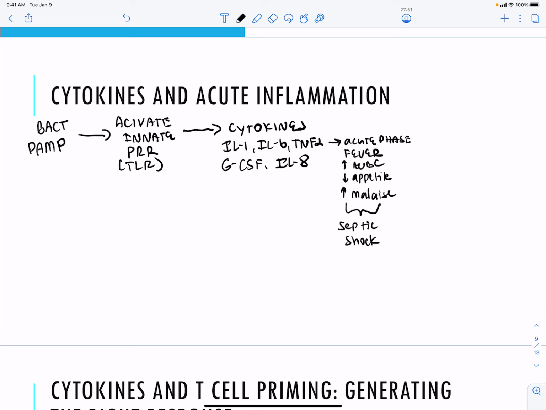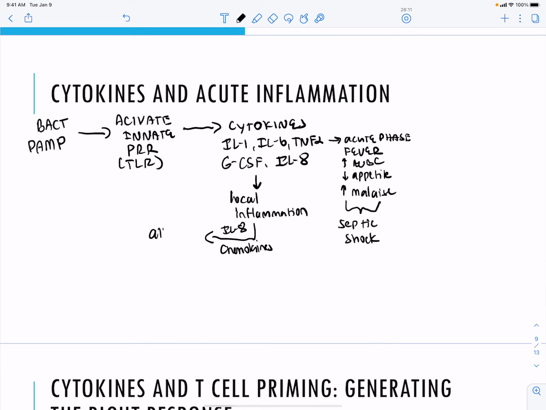And then we're also going to have local inflammation. We're going to have our IL-8 and chemokines, which will recruit neutrophils. We can also have IL-23, which will be for a Th17 response.